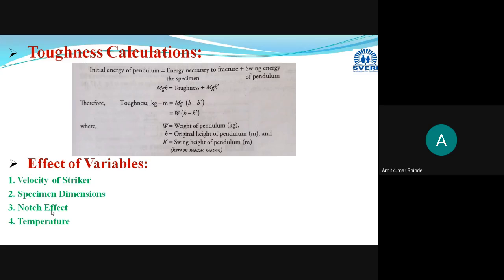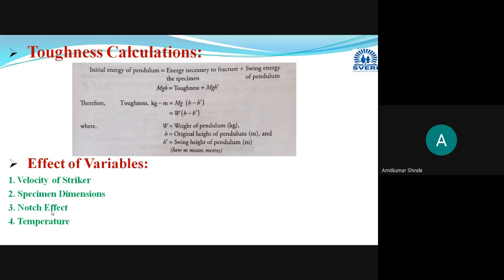It will affect the impact resistance values. If the sharpness or the depth of that notch you are increasing, then automatically it will decrease the impact resistance values.